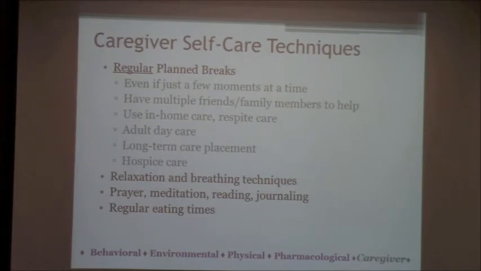Some of our patients really have flourished in an adult daycare environment. A long-term care placement for some family members may be necessary or an option, and hospice care is available. So there are different ways at different places that you can plan to add support and caregiving.